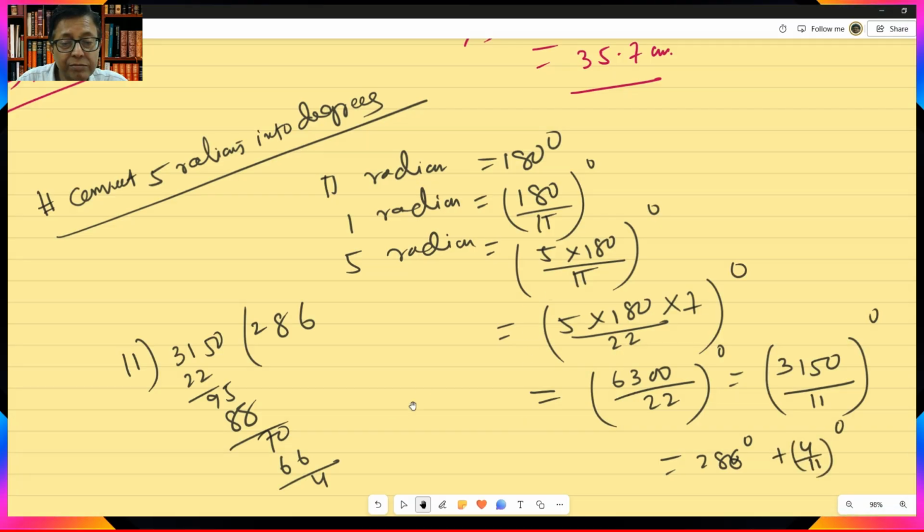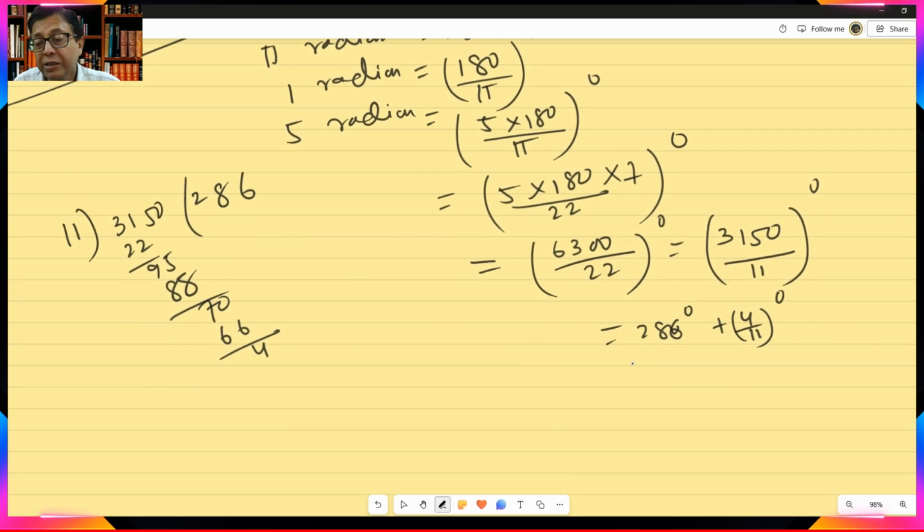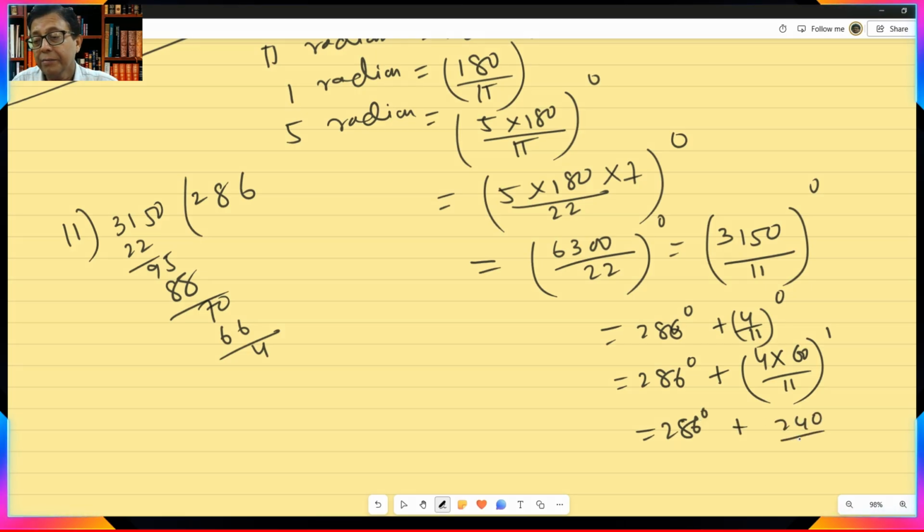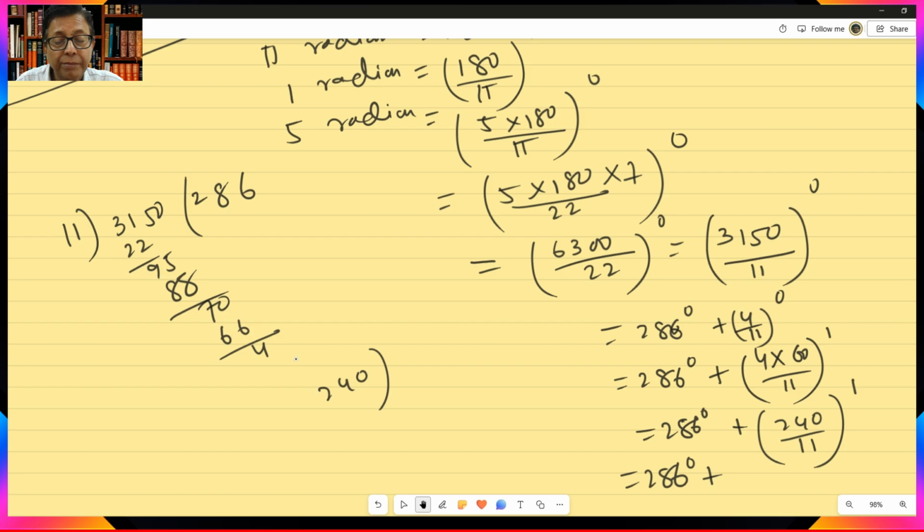Am I correct? But this is what? We convert the 4 by 11 degree into minutes: 4 into 60 by 11 minutes, so 240 by 11 minutes. 240 you need to divide by 11.